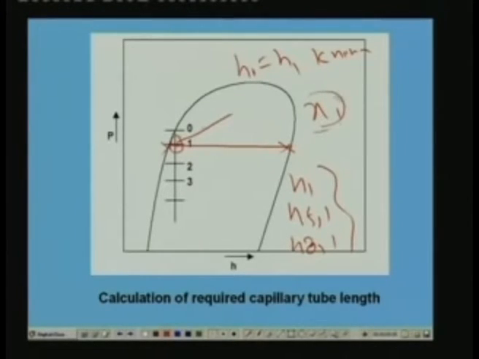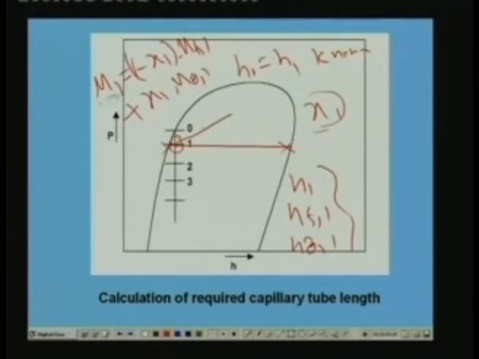Homogeneous model means you treat the two phase flow as a pseudo single phase fluid, and for example any property can be found as a weighted average of the saturated liquid and vapor properties. For example, the viscosity at point 1 is obtained as viscosity of the saturated liquid and its mass fraction, that means (1 minus x1) into mu f1 plus x1 into mu g1.